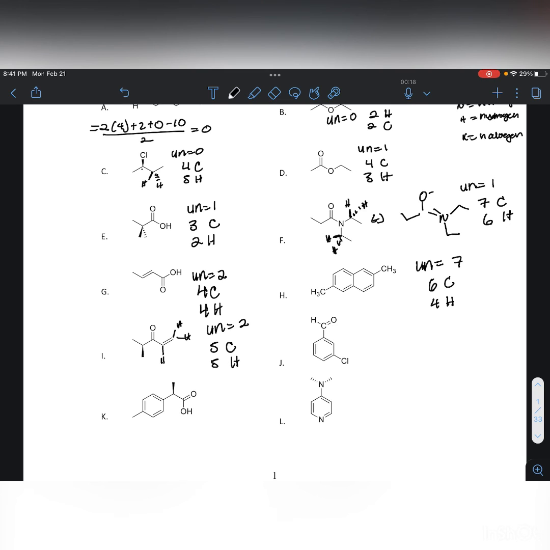For J, there should be about 5 degrees of unsaturation, and then about 7 for the carbon and about 5 for the hydrogen. And then to finish it out for K, the total degrees of unsaturation should be about 5. There should be 8 carbons and 6 hydrogens. And lastly, for L, the total degrees of unsaturation should be 4. There should be about 4 types of carbons and then about 3 types of hydrogens.